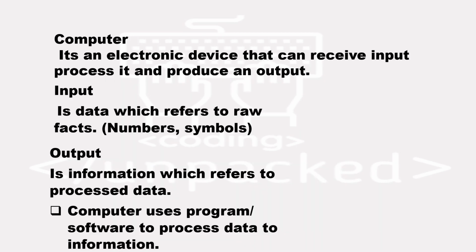So the definition of a computer. A computer is an electronic device that can receive input, process it, and produce an output. So the keyword to remember is an electronic device. It is an electronic device that can receive input or data, process the data, and produce an output.